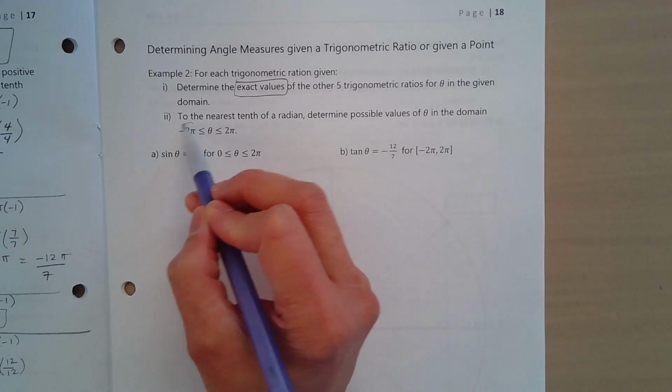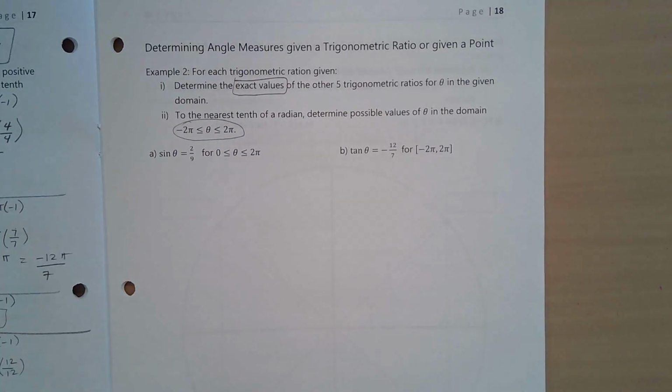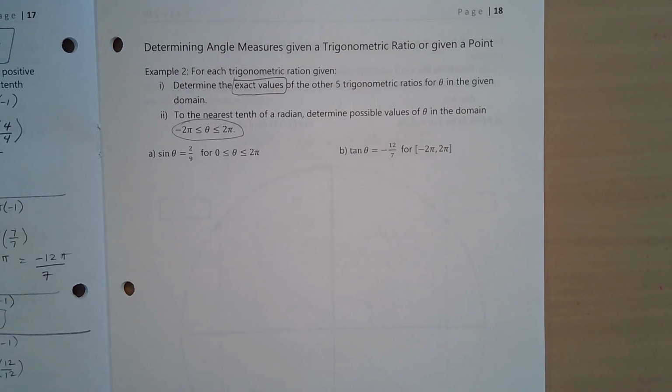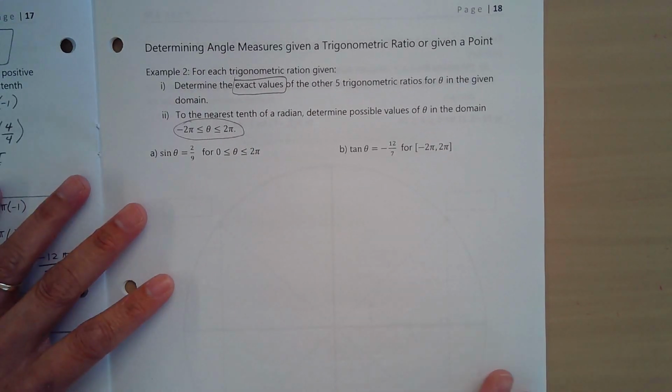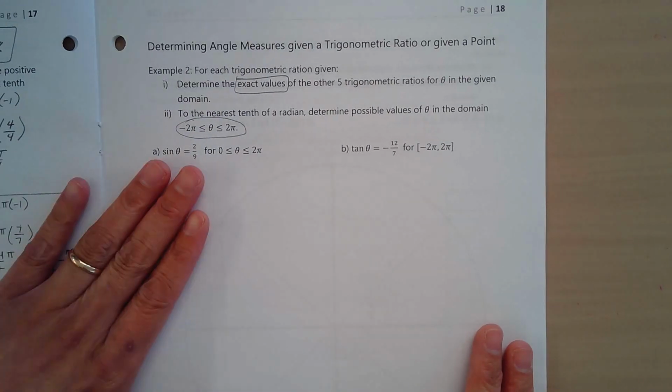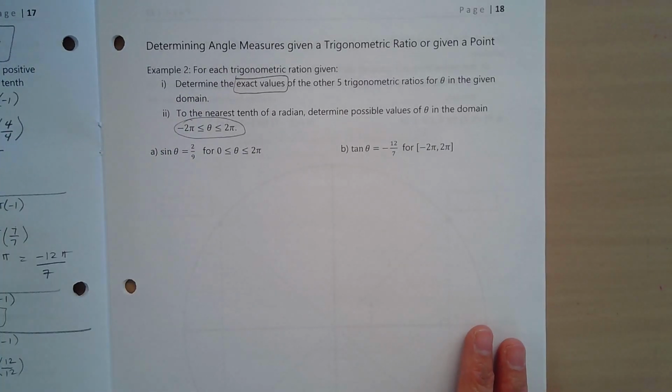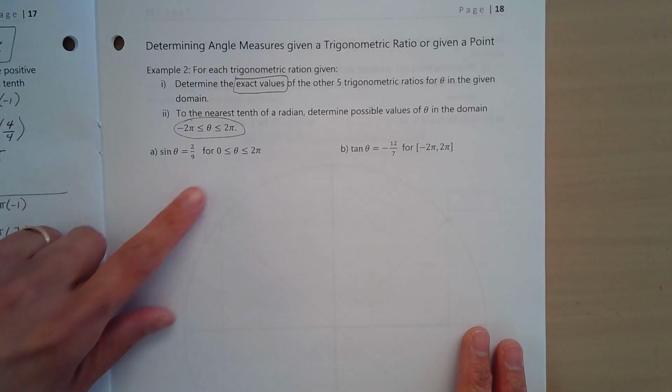The domain is from negative 2 pi to positive 2 pi. To the nearest tenth of a radian, determine the possible values of theta in the domain of negative 2 pi to 2 pi.